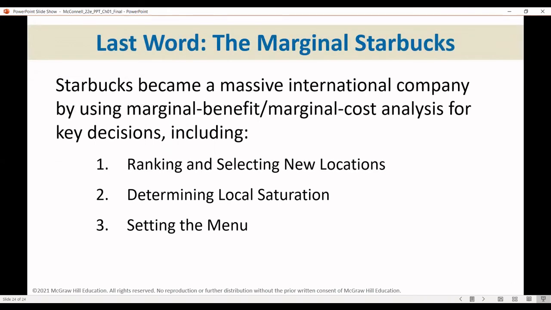The last part of the chapter, which I recommend you read in your own time, gives you an example of Starbucks, and how Starbucks went from one single store to a global coffee shop, not just in the United States but all over the place, by making good decisions using marginal benefit and marginal cost analysis.